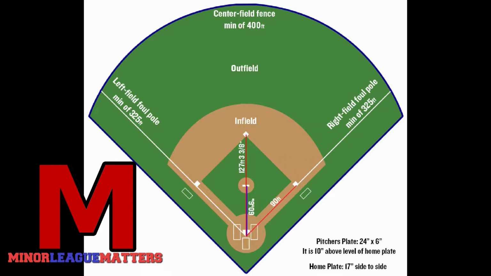The cone has to go at least from home plate, which is the little base at the very bottom, to the wall in center field, in a straight line, at least 400 feet. In reality, this translates into almost all baseball fields being only 400 feet.